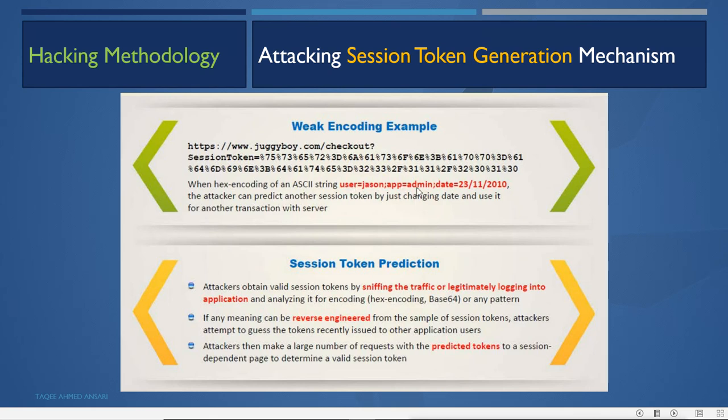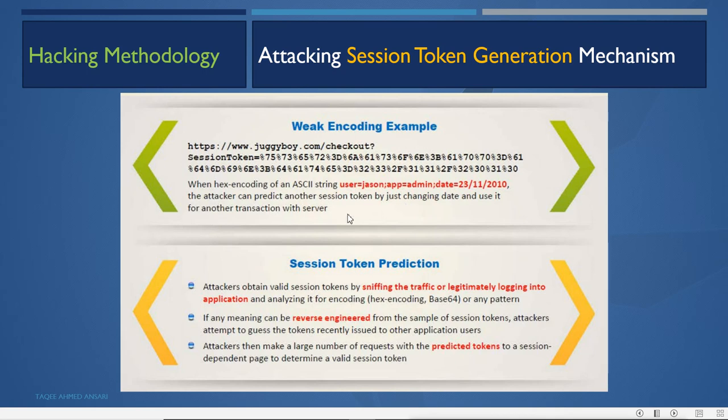Sniffing tools can convert this hex encoding to ASCII strings, and when it converts it, you can easily see the string. Then the attacker can predict another session token by just changing the date and use it for another transaction with the server.